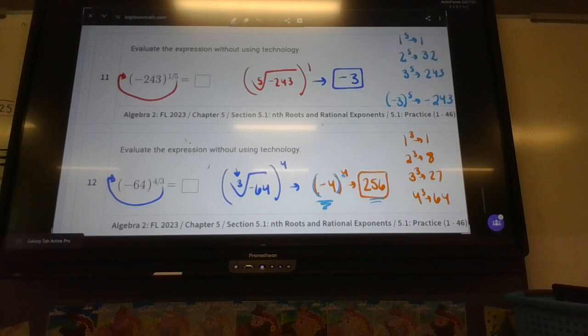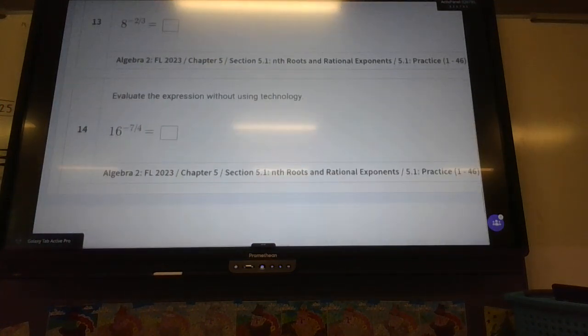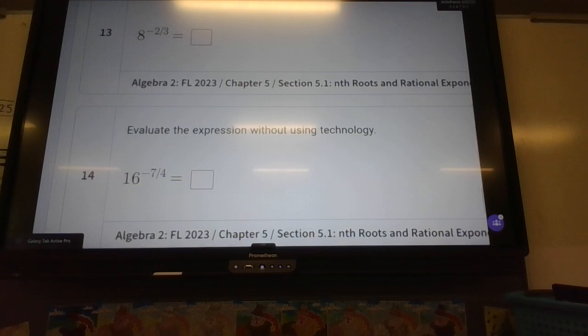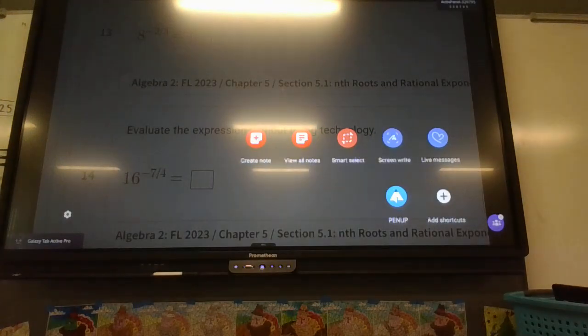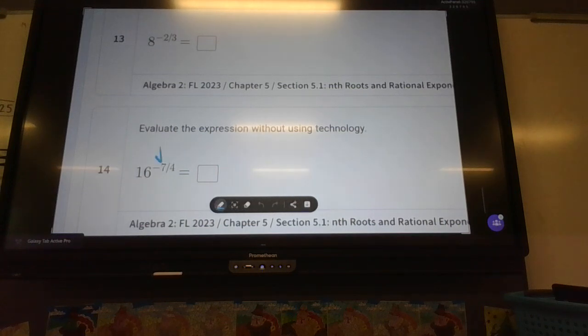All right, now I'll do 14, and then if there's any more. Okay, so 14 has a negative exponent, not a negative base. So you want to start by making it a fraction.